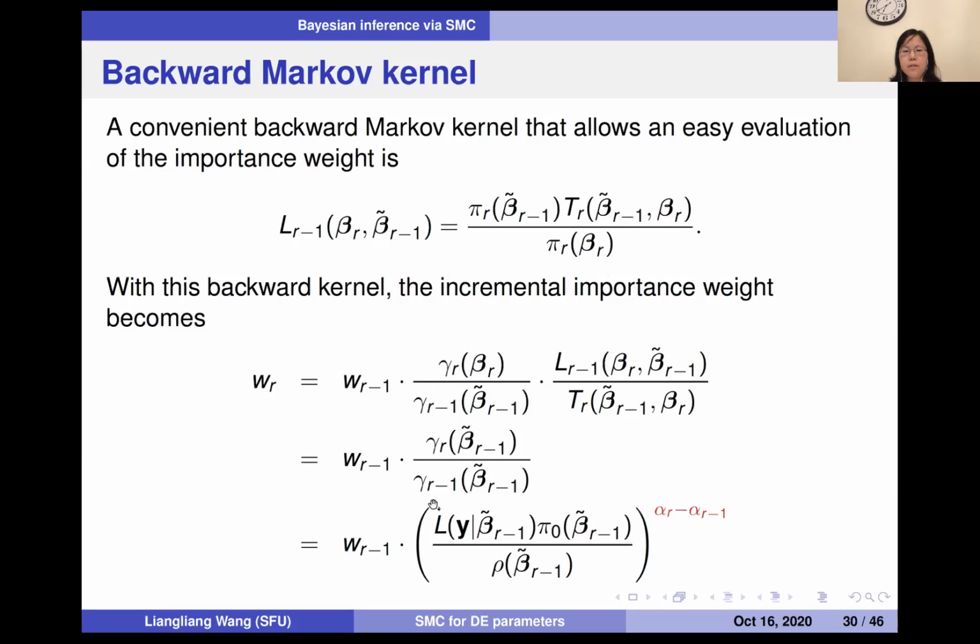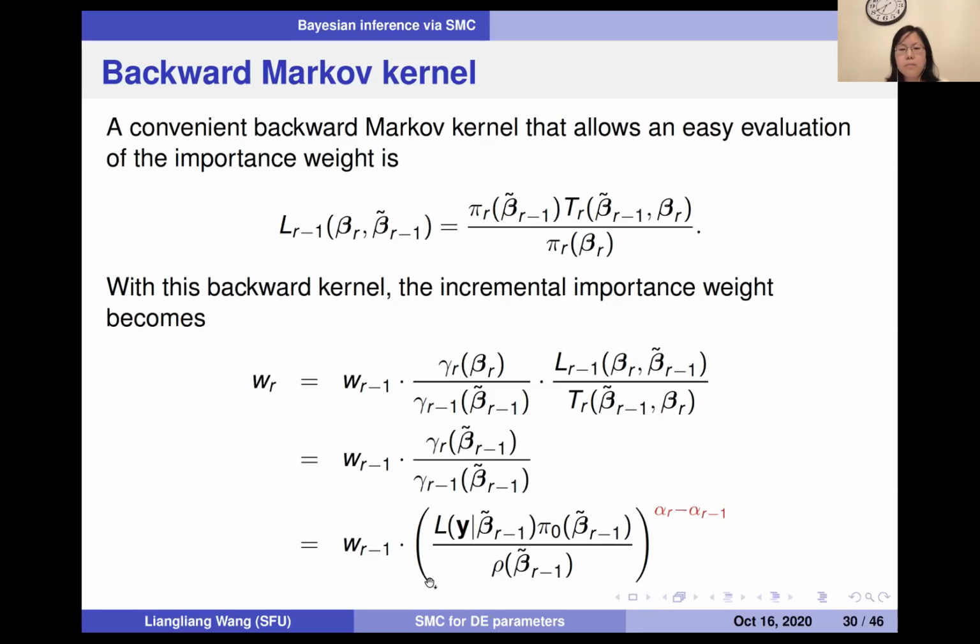As you can see, it only depends on the particles from the previous iteration. The subscript is r minus 1, which means it's from the previous iteration. That is, the weight update only depends on the previous particles.